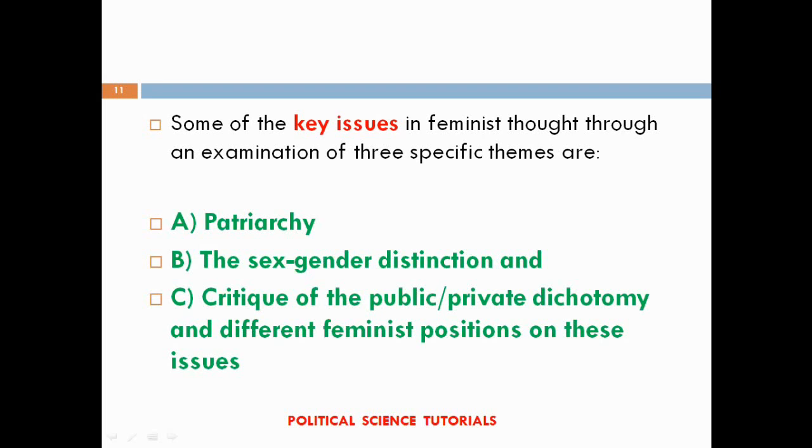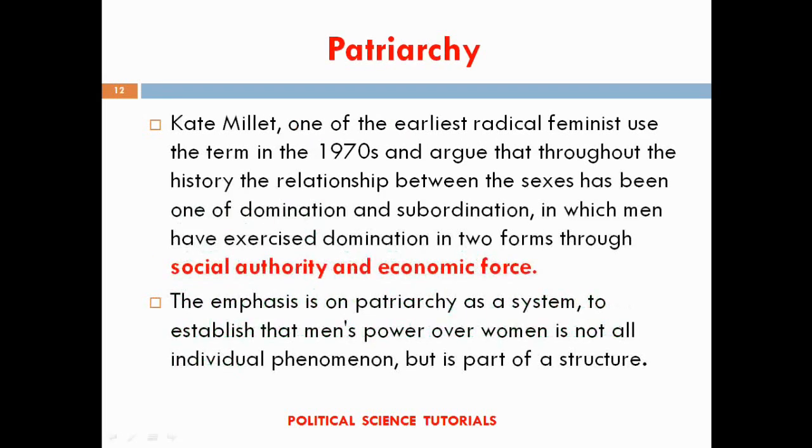Now we will discuss three key issues feminism deals with, and these are patriarchy, the sex-gender distinction, and the critique of the public-private dichotomy, and the different feminist positions on these issues.